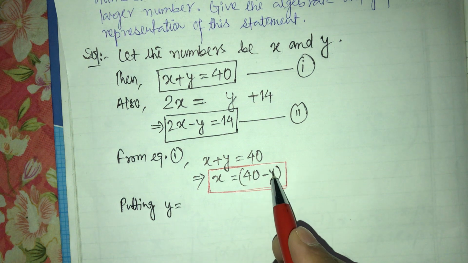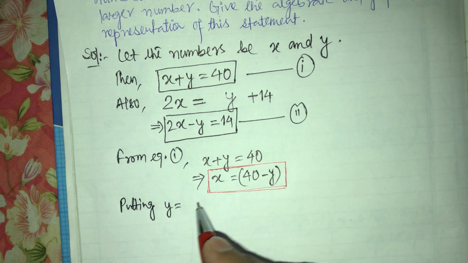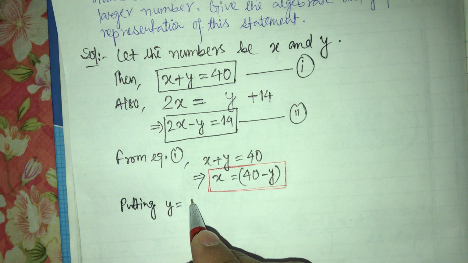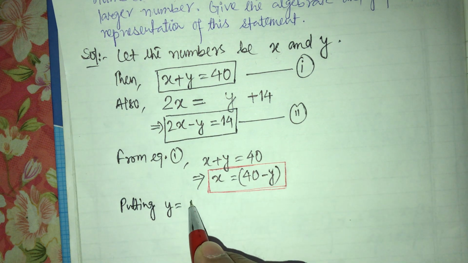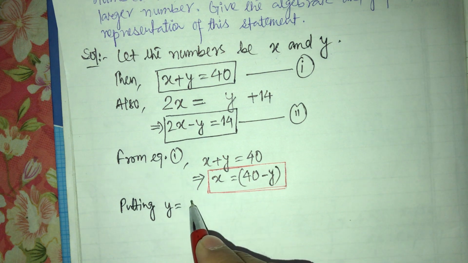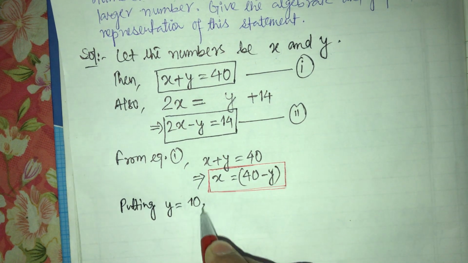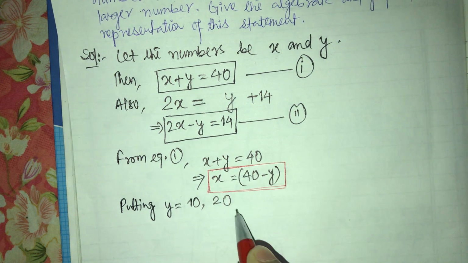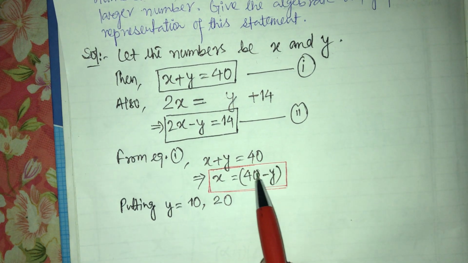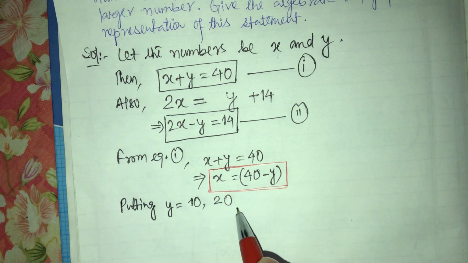Since it's 40, I can take any 2 values for y, like 10, 20, or 30, it's up to you. Let's do it. If I take y as 10 and 20, because 40 was there, that's why I'm taking 10 and 20.